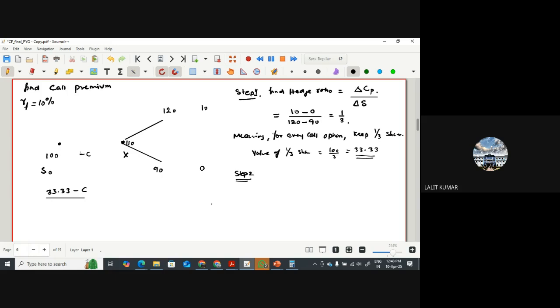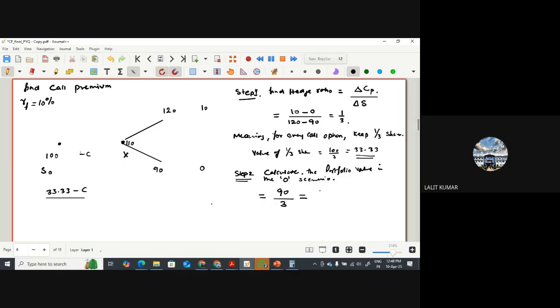Now I equate both the scenarios, so just calculate the portfolio value in the zero scenario. In the zero scenario, the share becomes 90 and you have got 1/3 share.